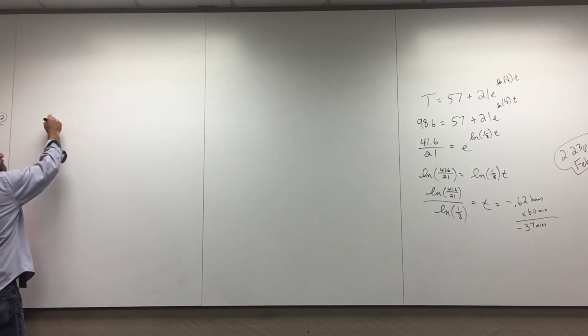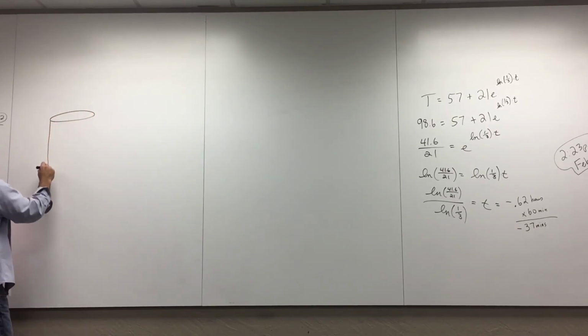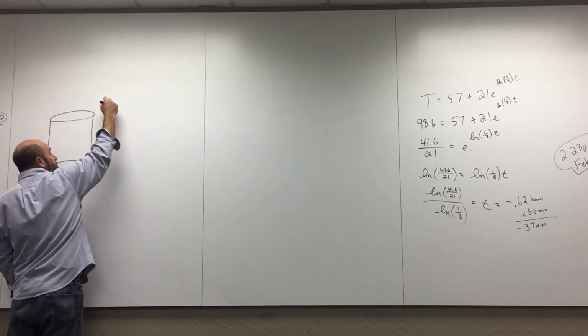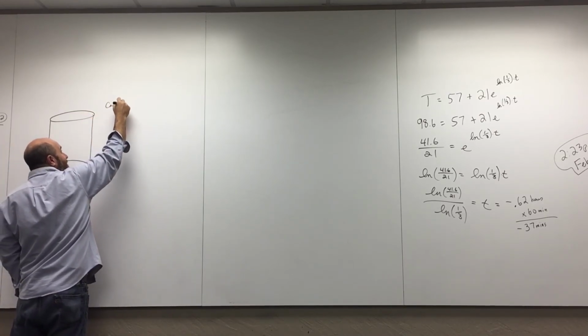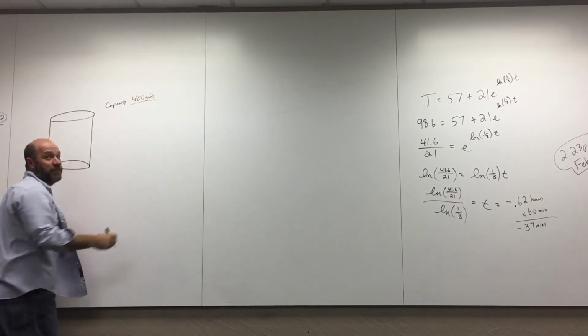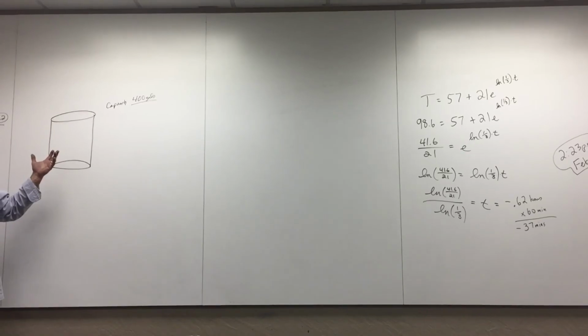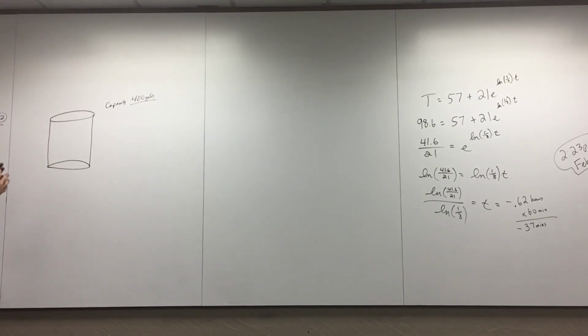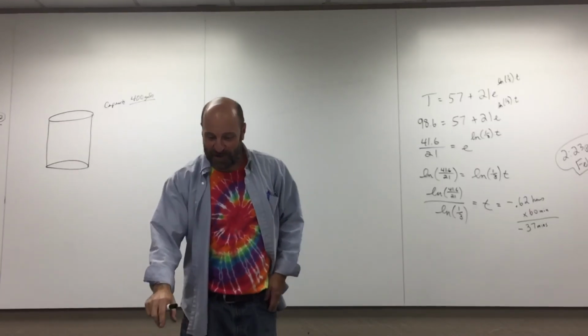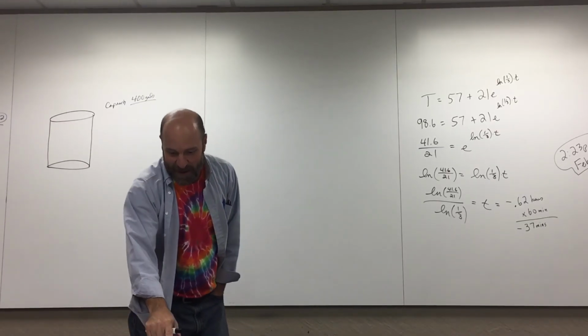So I draw this. A 400-gallon capacity tank. I make little notes. I say it's got a capacity of 400 gallons. You with me? I read the paragraph, but I sort of draw this picture. This is my suggestion how you should work. You can work wherever you want, but I have these suggestions.